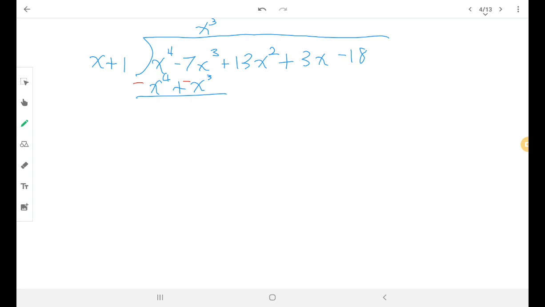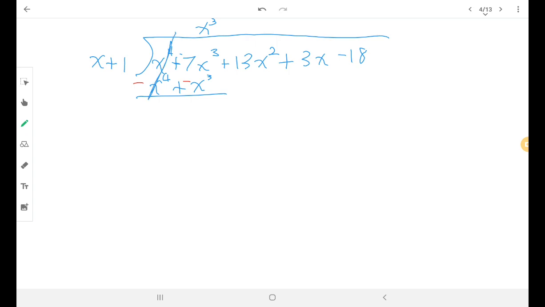That is, I'm going to distribute a negative, so that I know what's positive and what's negative.